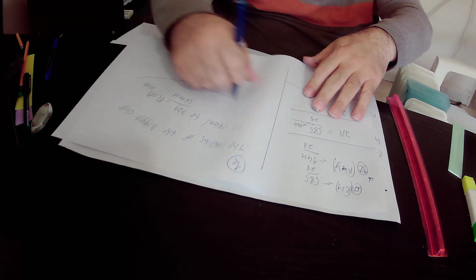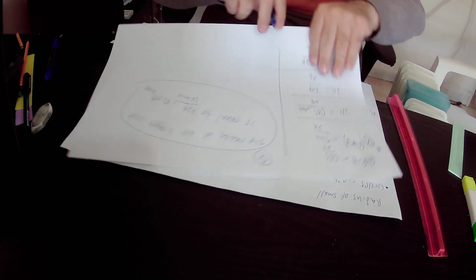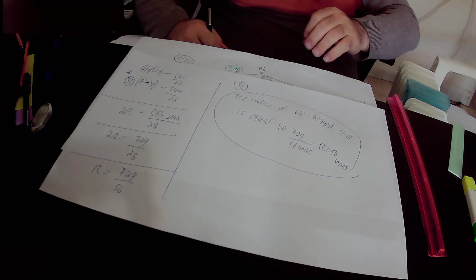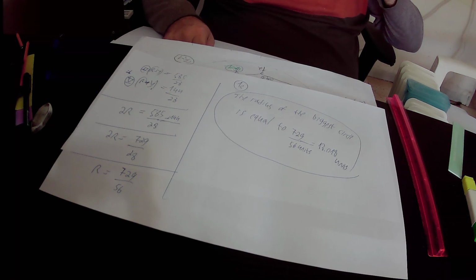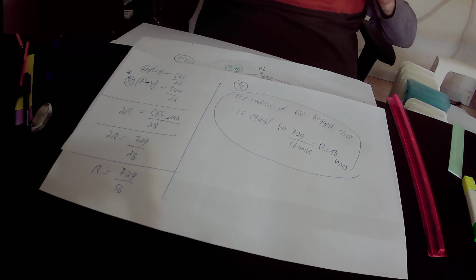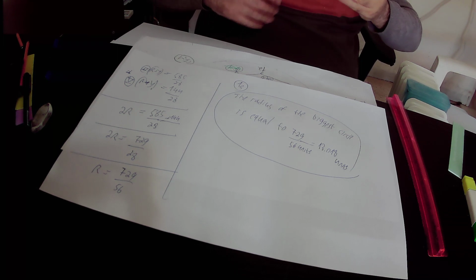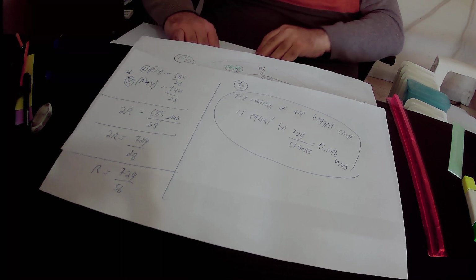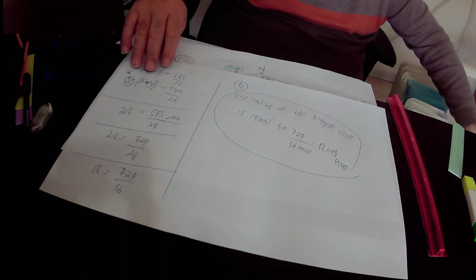So I repeat again, we found out that the radius of the biggest circle is equal to either 729 over 56 units, or we can present it as 13.018 units. In the next step I will summarize the lecture.